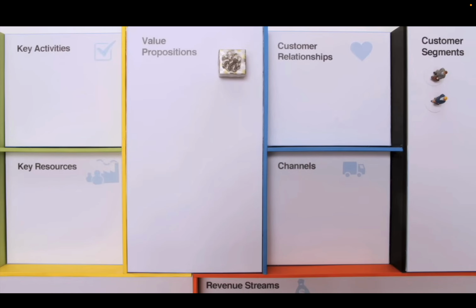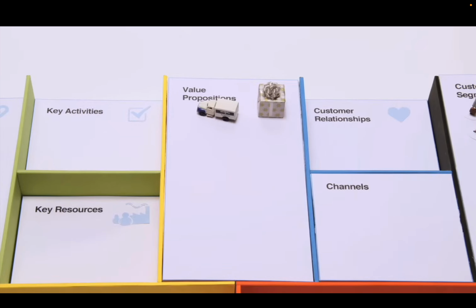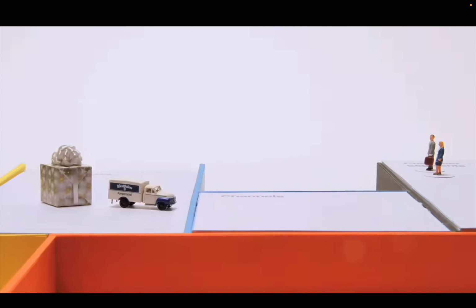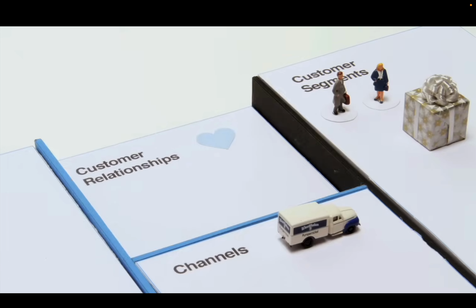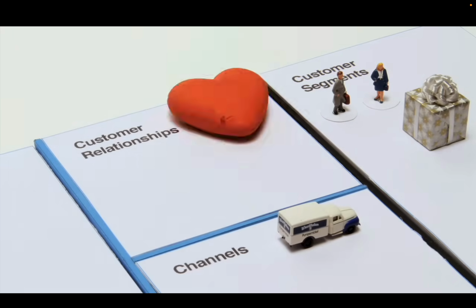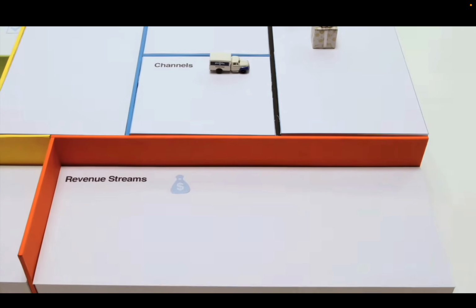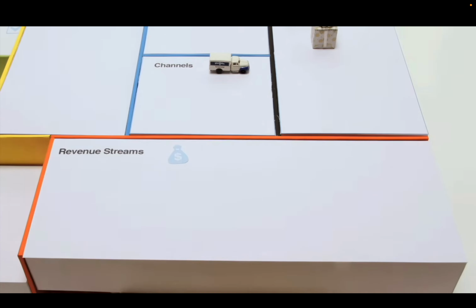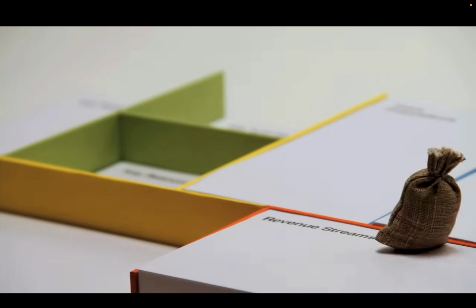These are the bundles of products and services that create value for your customers. The channels describe through which touchpoints you're interacting with customers and delivering value. The customer relationships outline the type of relationship you're establishing with your customers. The revenue streams make clear how and through which pricing mechanisms your business model is capturing value.